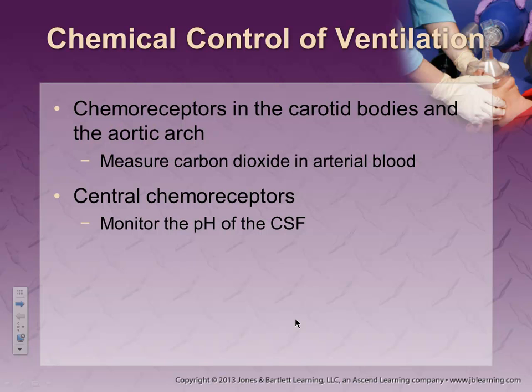And then the central chemoreceptors, when they monitor the pH in the CSF, they're looking for the acidity of the CSF, which in turn is going to be an indirect measure of the amount of carbon dioxide in the arterial blood.